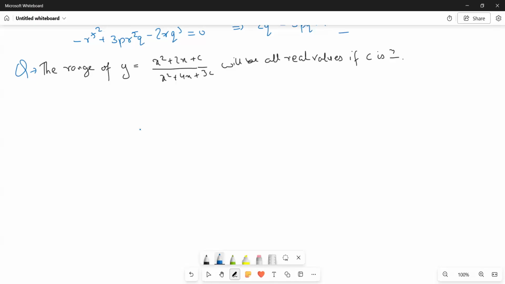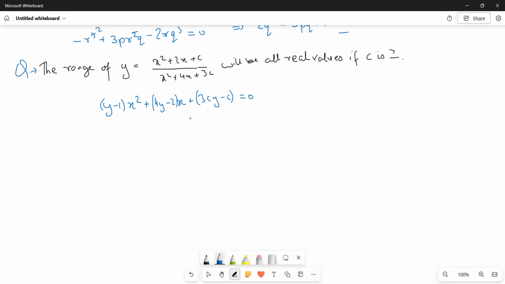The method of solving same है, convert to a quadratic in x. So y minus 1 x square plus 4y minus 2 x plus 3cy minus c is equal to 0.